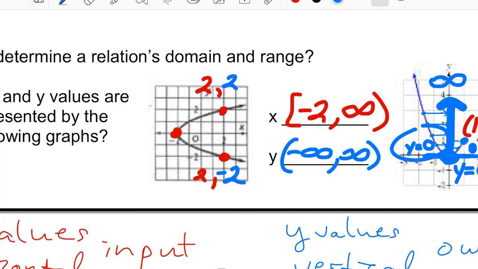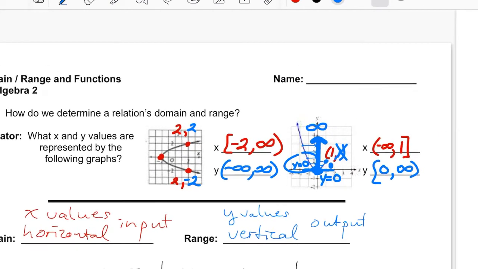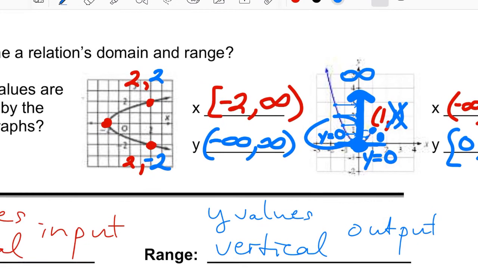Now you see, that would not be a function because the number 2, the red 2, mapped to different y values. Instead, it would just be considered a relation. But we would say again that this first graph is not a function.